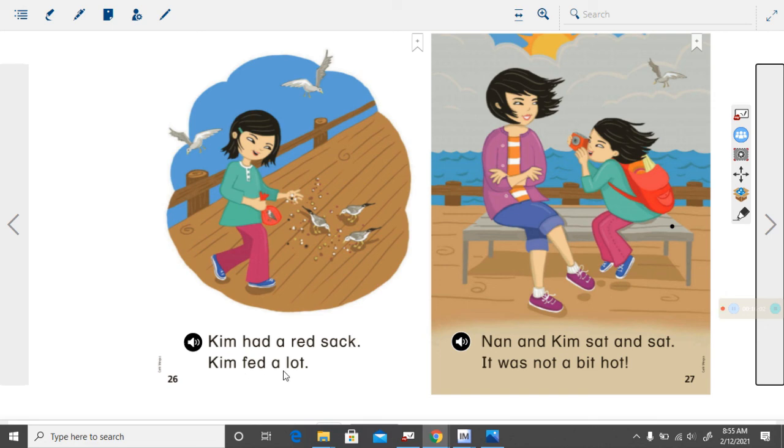Kim fed a lot. Now it's your turn. Make sure you're reading with expression. My turn to read the next sentence. Nan and Kim sat and sat. Your turn. My turn. It was not a bit hot. Your turn.